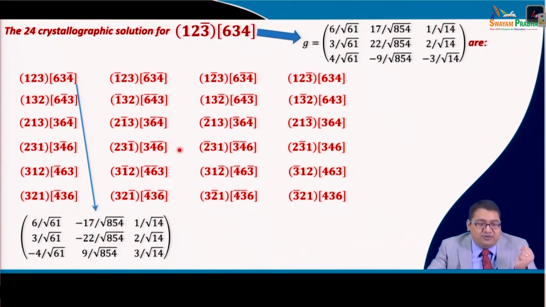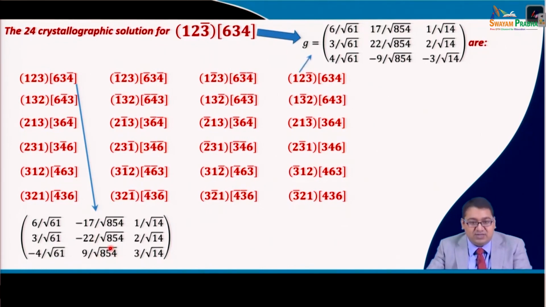So, you see for (1 2 3) [6 3 4 bar], it is 6, 3, minus 4, 1, 2, 3, of course, divided by the root mean square of their value, right, and then the TD is minus 17, minus 22, 9 divided by root of 854.